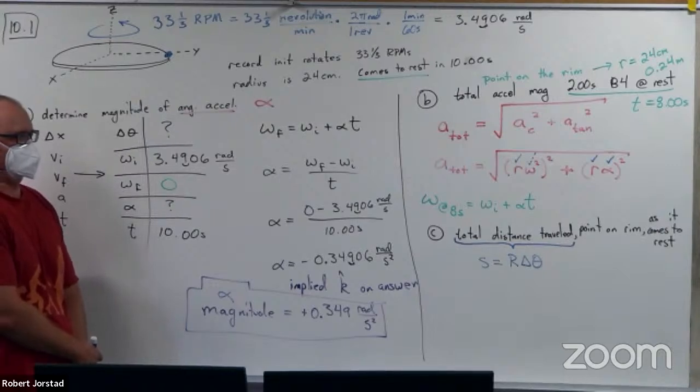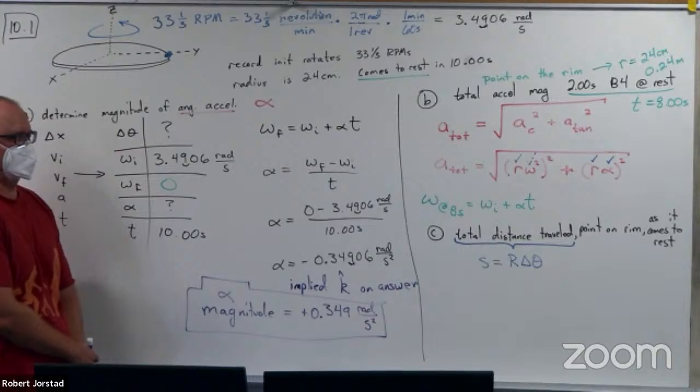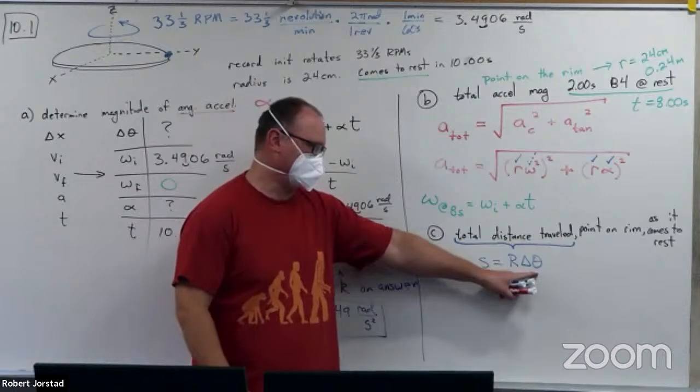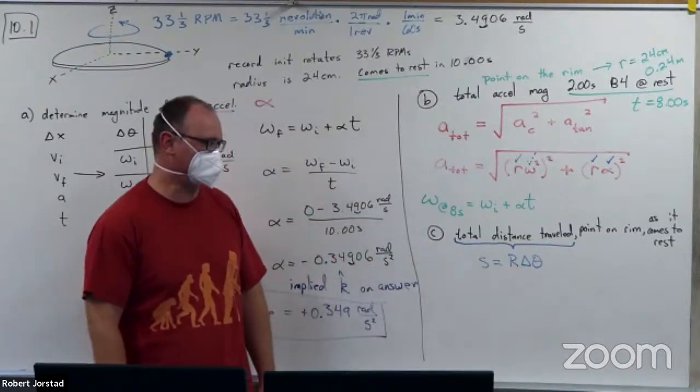How might we get delta theta? Because I know the radius, I'm looking for S, but I don't know delta theta. How could I get delta theta?